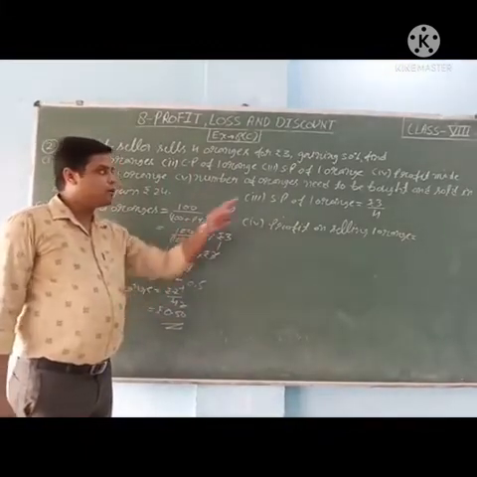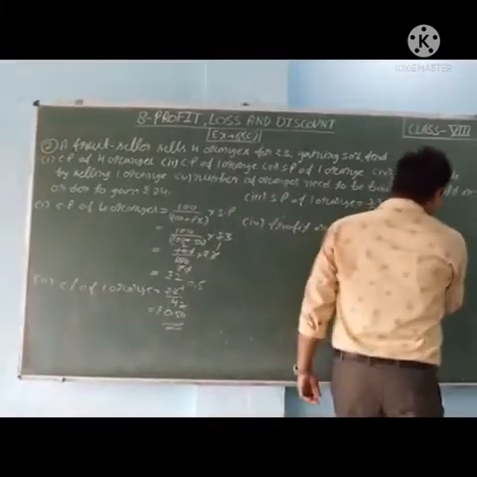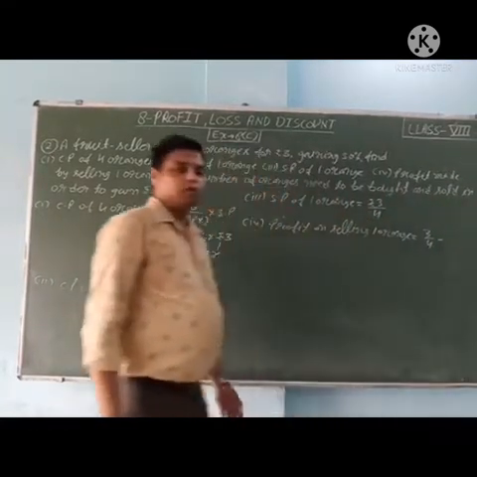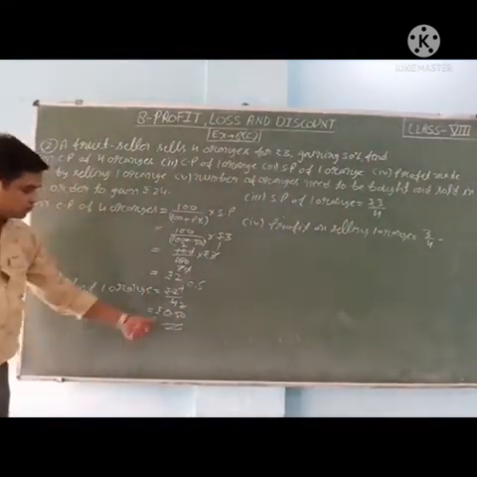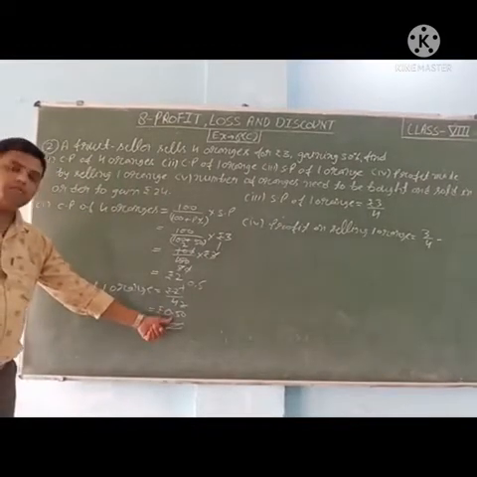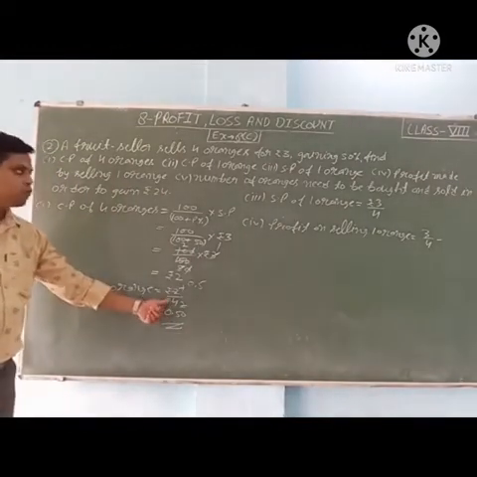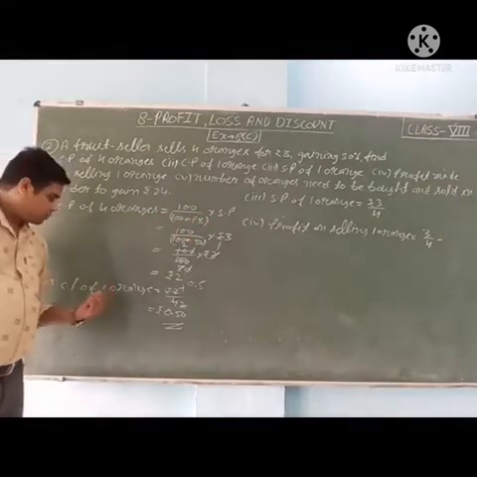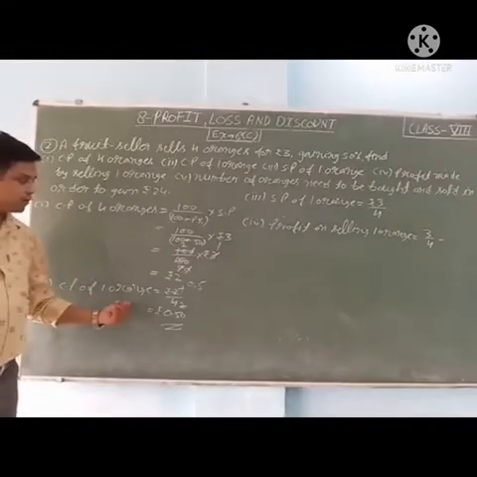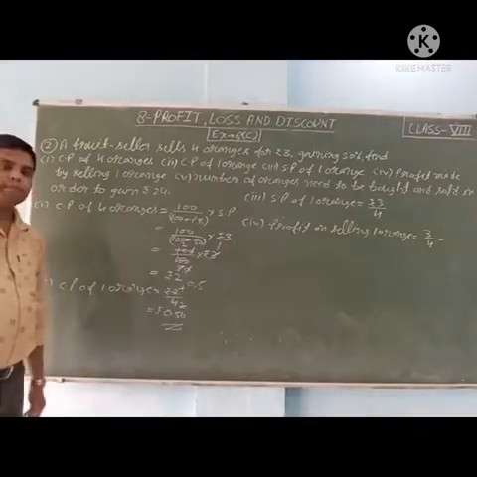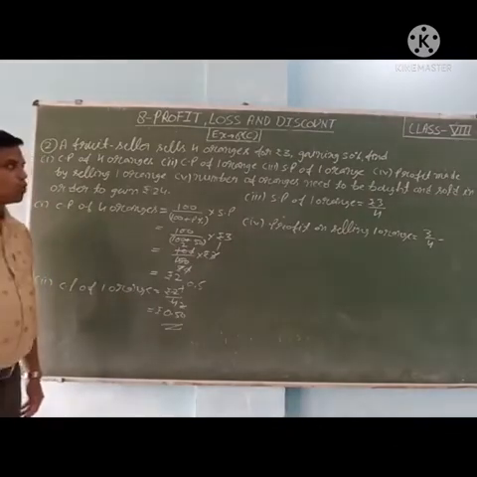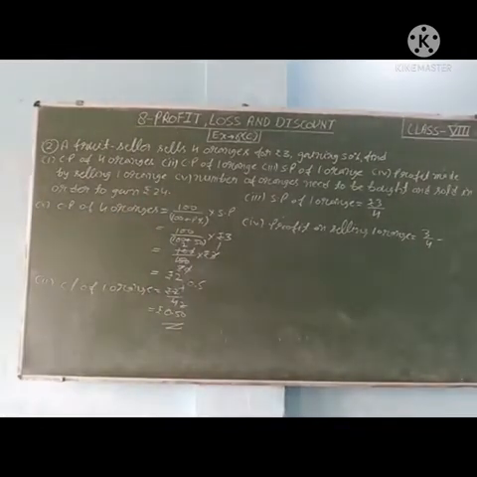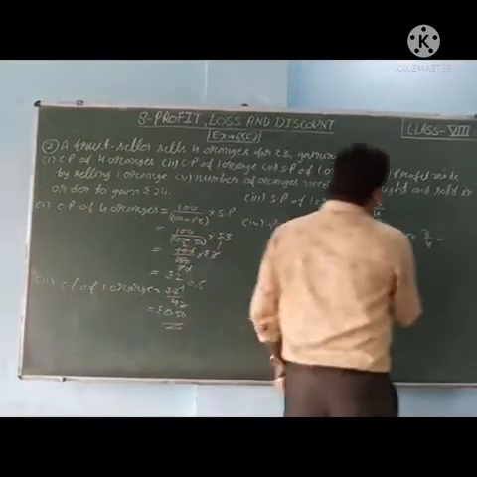So the selling price of 1 orange is ₹3 upon 4 minus the cost price of 1 orange, 0.50, or we can write 1 upon 2, because the selling price is also coming in fraction. So we will write this in fraction. It will come 1 upon 2, or we can write this ₹3 upon 4 in decimal also.